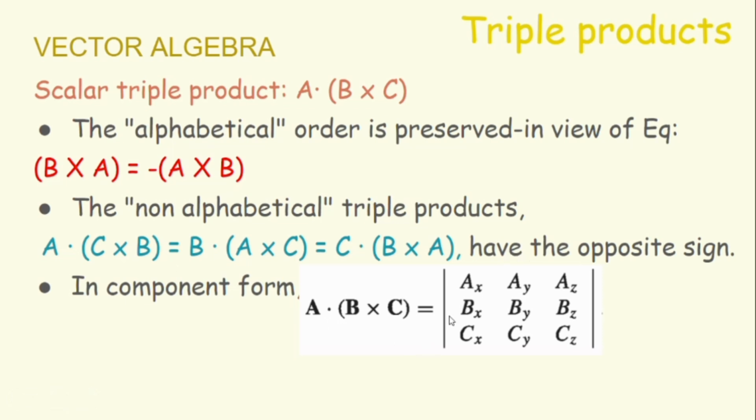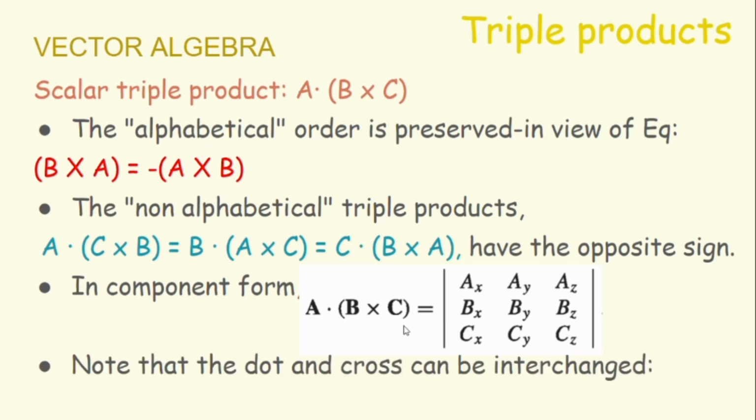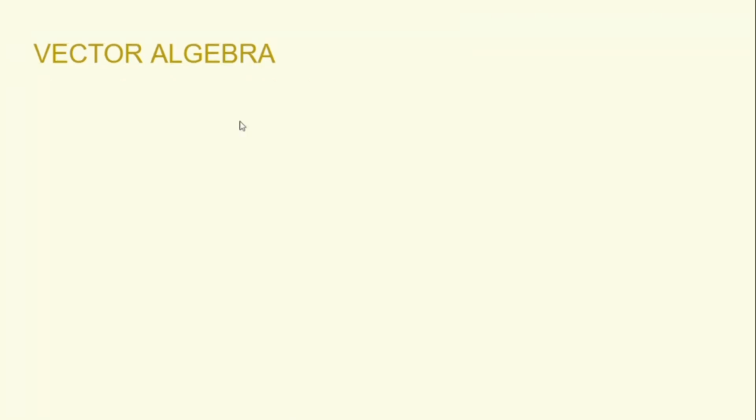This is alphabetical, and it is the component form. The dot and cross can be interchanged, keeping the alphabetical order the same. A dot B cross C is also equal to A cross B dot C.